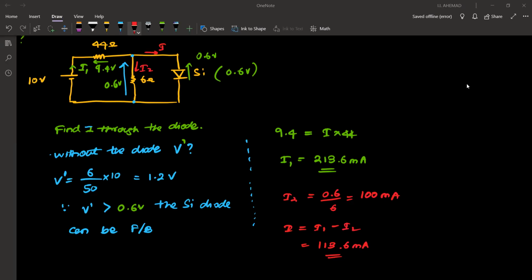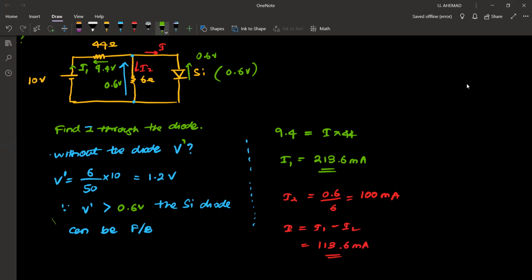Okay, Sarah, are you clear up to this? Why we had to do this question in 2 steps: first, we checked if this diode can be forward biased using this potential divider. Here we have a potential divider, right? Due to this potential divider, we are finding whether it has sufficient voltage to forward bias this. We found the potential divider will give us 1.2 volt, which is sufficient to forward bias.